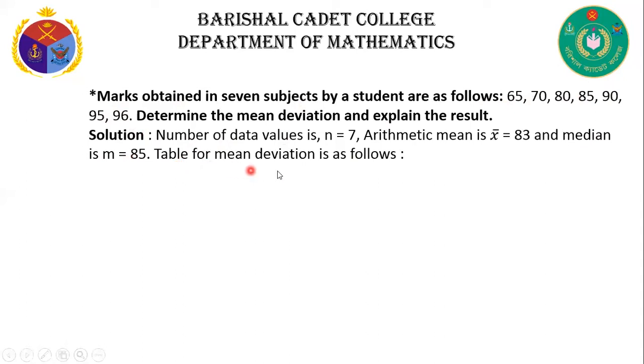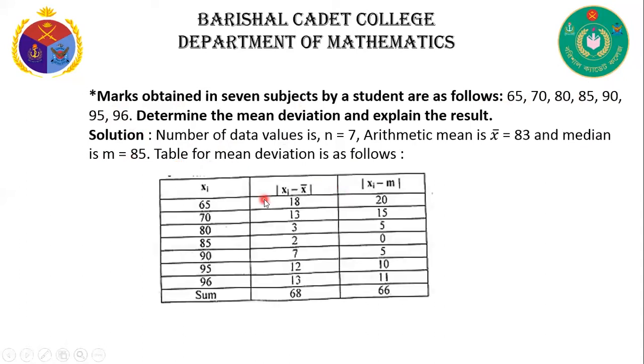Table for mean deviation is as follows. Now let xi be 65, 70, 80, 85, 90, 95, 96. This is our given data. And modulus of xi minus x bar, where x bar is equal to 83.